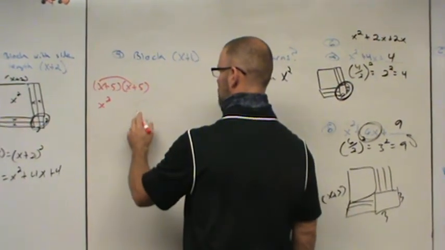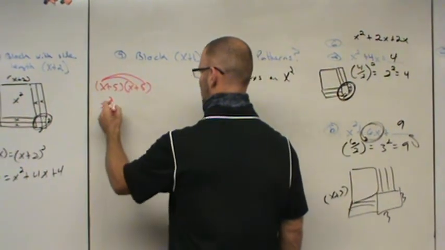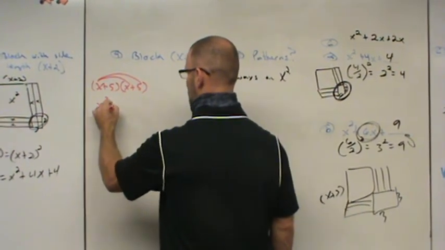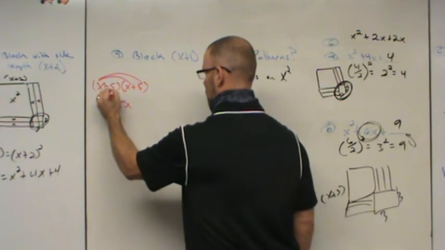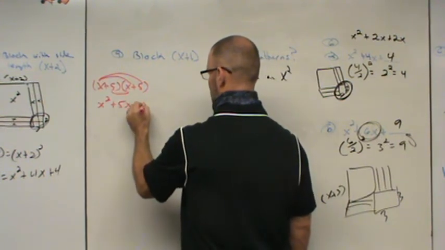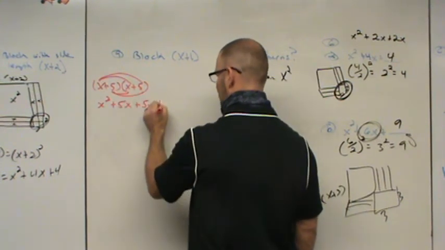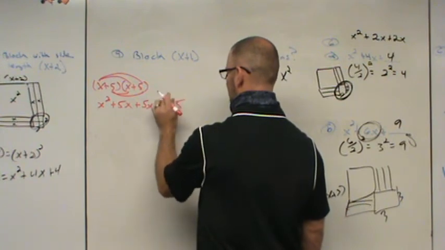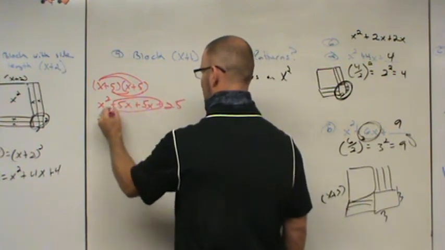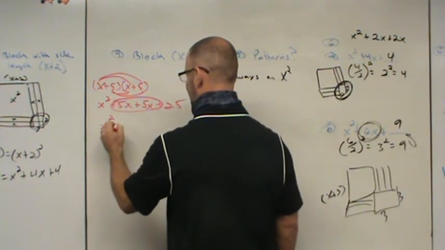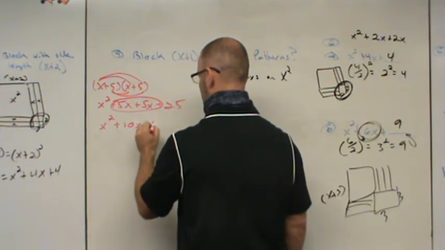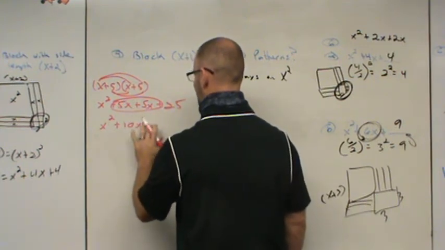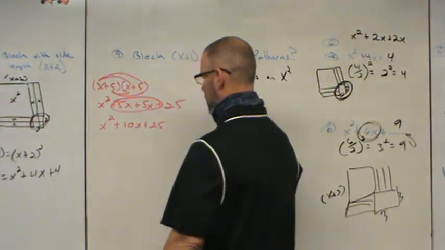So multiply the first 2, I get x squared. Multiply the outer 2. Distribute that x to both terms. Plus 5x. Distribute 5 to x. Plus 5x. Distribute 5 to 5. Plus 25. Circling my middle terms before I combine my last 2 terms. There you go.